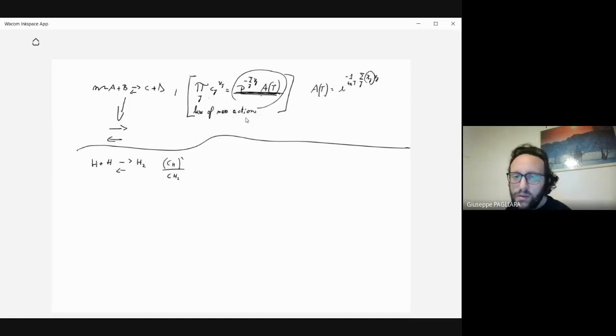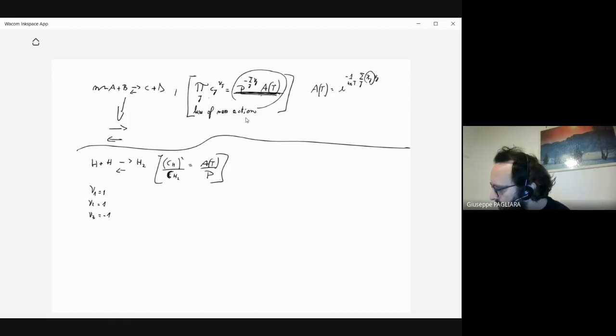This is the concentration of atomic hydrogen, whereas this is the concentration of molecular hydrogen, and this is equal to A of T divided by the pressure. In this case the law of mass action is the following, because nu_1 is equal to 1, nu_2 is equal to 1, and nu_3 is equal to minus 1.